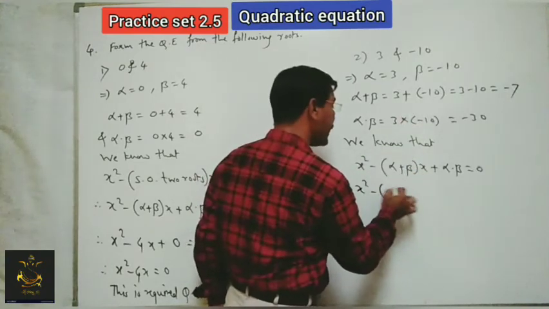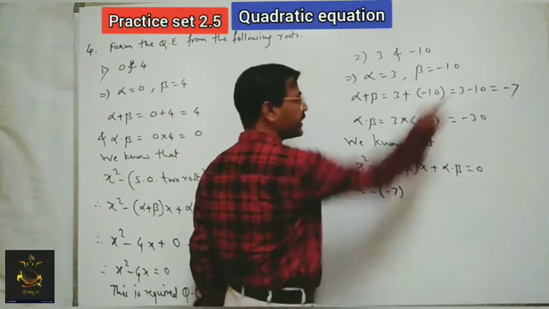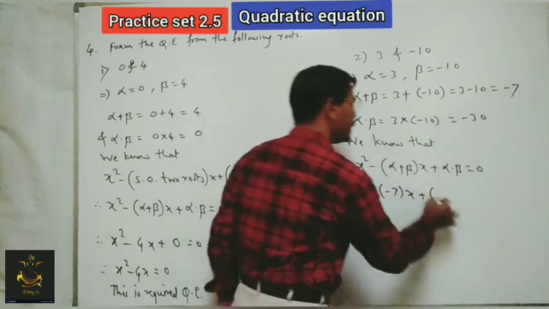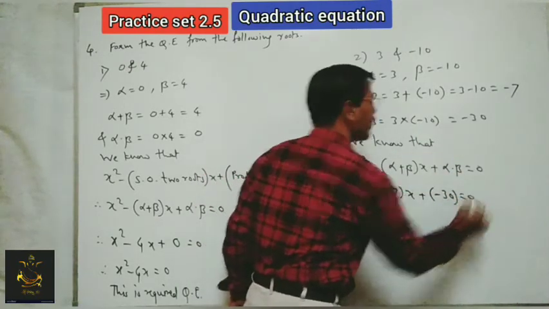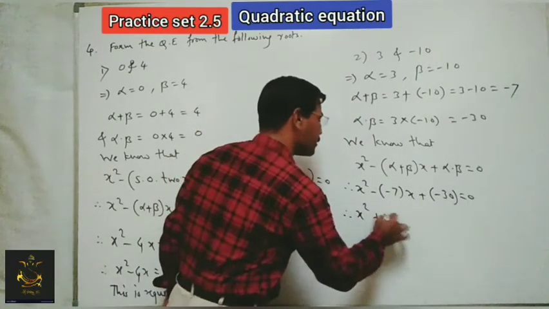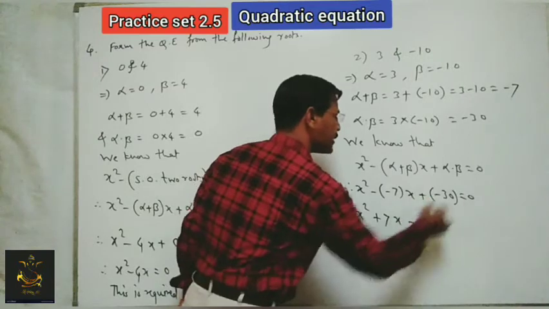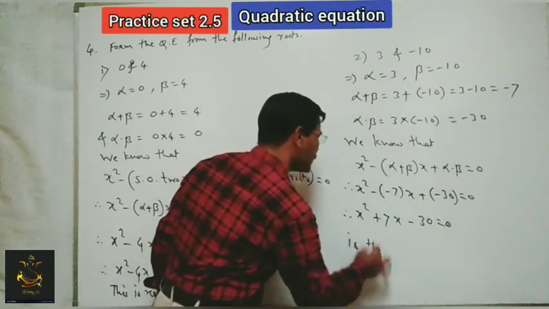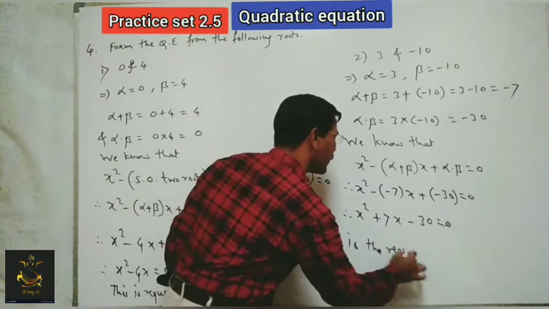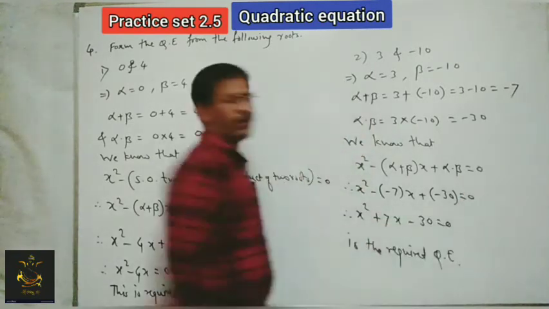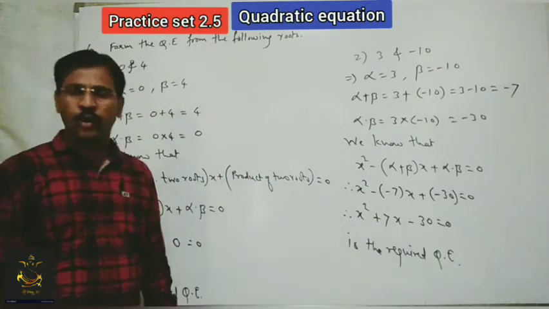That is minus 7, which is x, plus alpha into beta. This is again minus 30. Write that in brackets. So x square minus minus 7x, that is plus 7x, here plus minus 30, equal to 0 is the required quadratic equation. Look how simple it is. Okay?